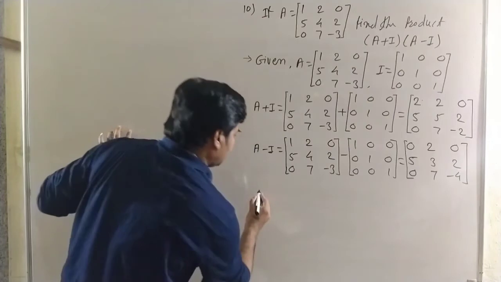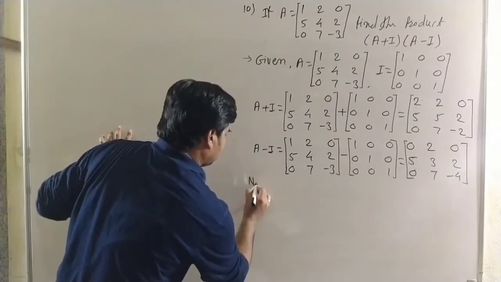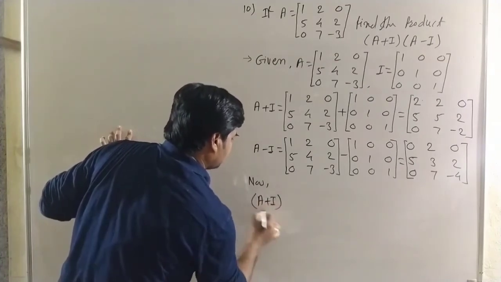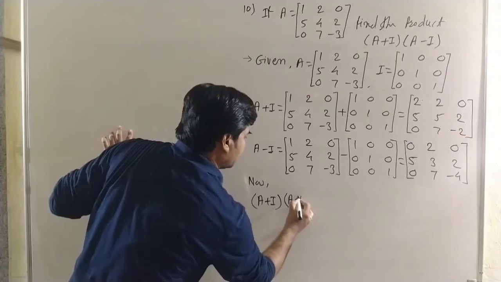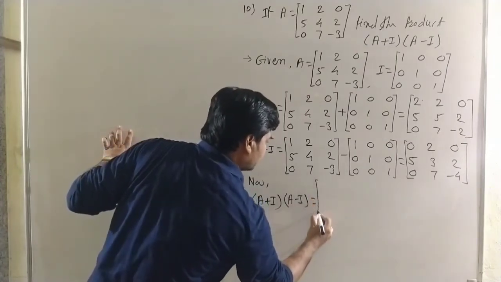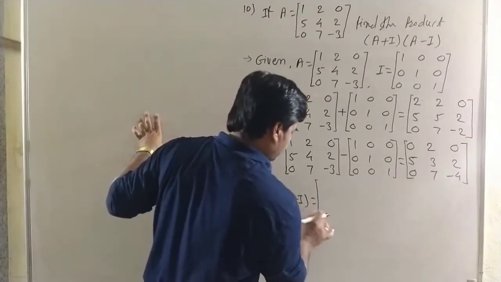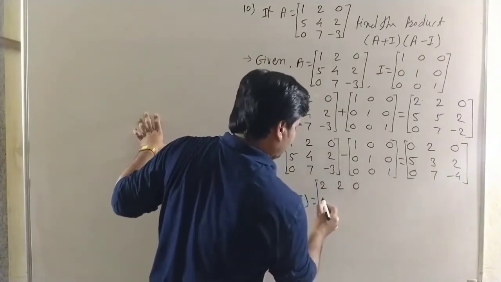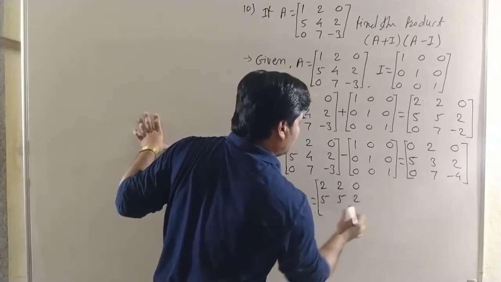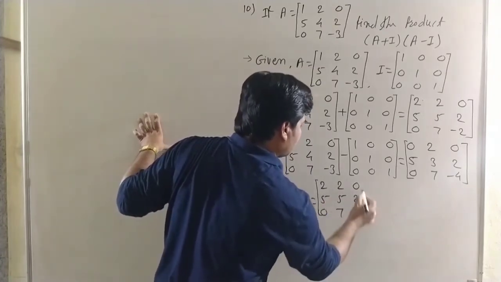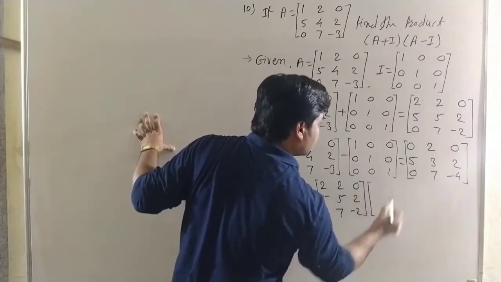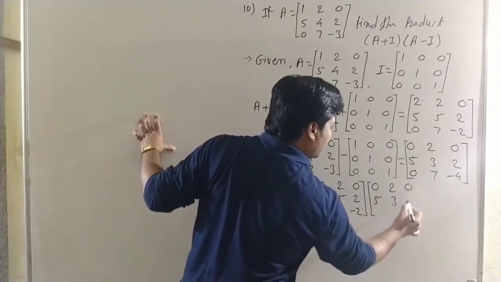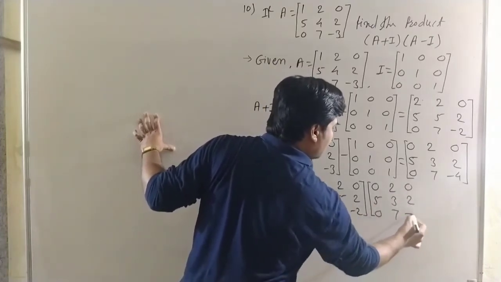Now A plus I into A minus I. See carefully: A plus I is 2 2 0, 5 5 2, and 0 7 minus 2, into this one, 0 2 0, 5 3 2, and 0 7 minus 4.